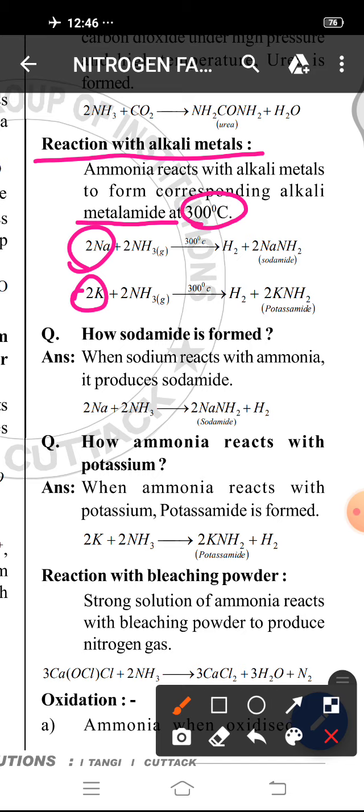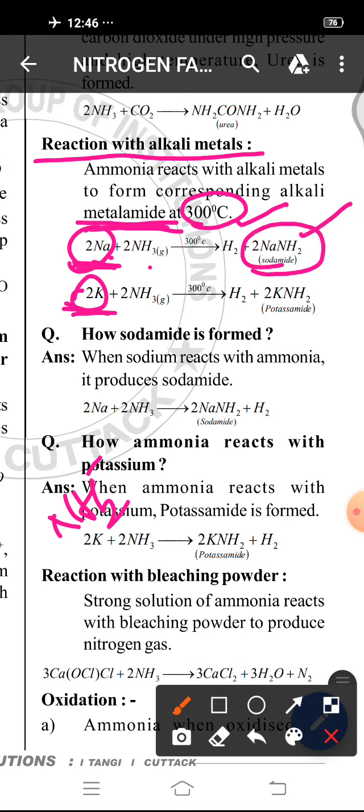Metal amide means the amide radical is NH2 minus. Sodium reacts with ammonia, it forms sodium amide NaNH2, and potassium reacts with ammonia, forms KNH2, that is potassium amide.